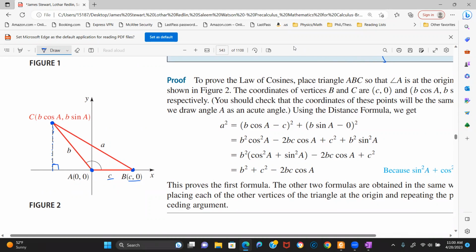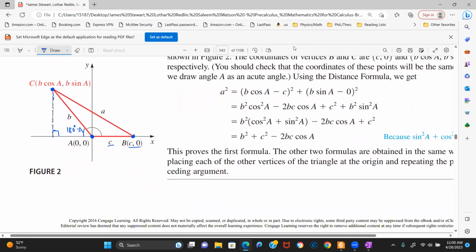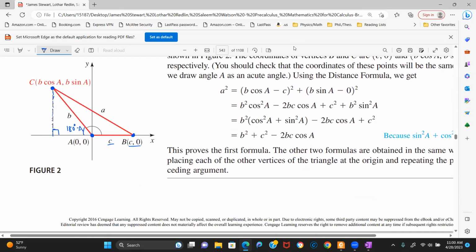Oh, okay, so this is angle A, and then this must be 180 minus A. So you have this right triangle. Now we want to figure out the x, the length of this right here, and then this length right here. So let's imagine that we take this right triangle out right here.